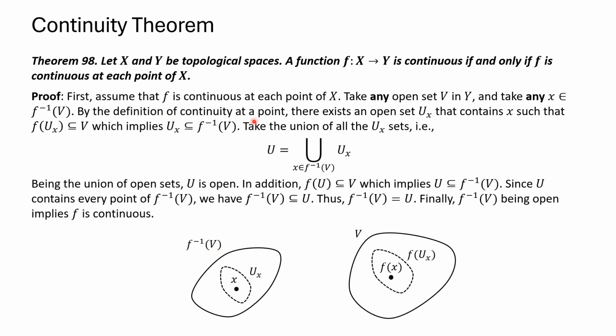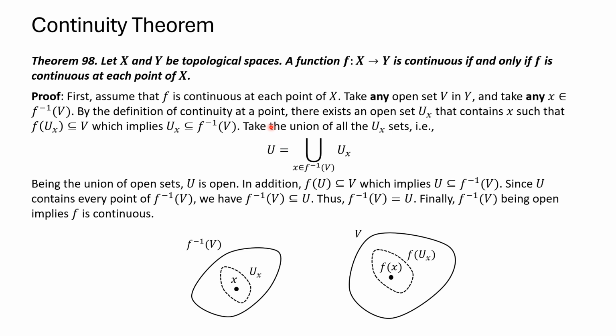By the definition of continuity at a point, there exists an open set U sub x that contains x such that f evaluated at all the points of U sub x is a subset of V. So here's our U sub x, surrounding x. x is an element of U sub x. If we map this via f, we get f of U sub x, and that's inside of V.